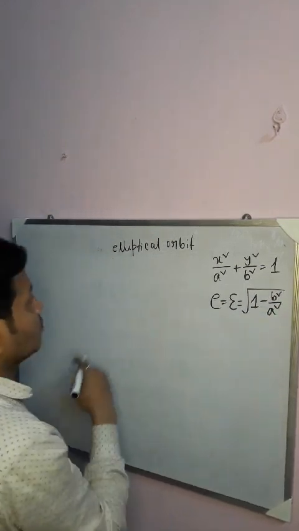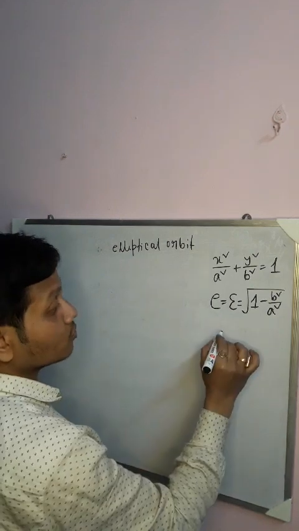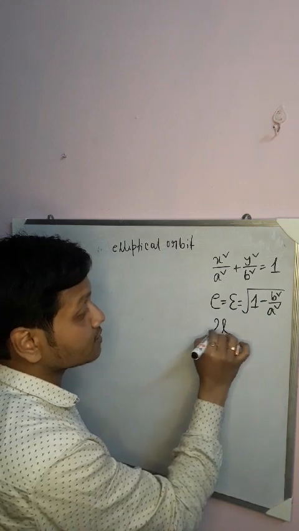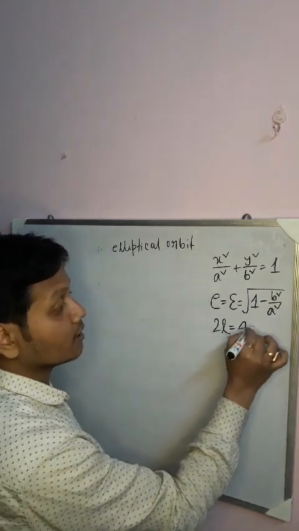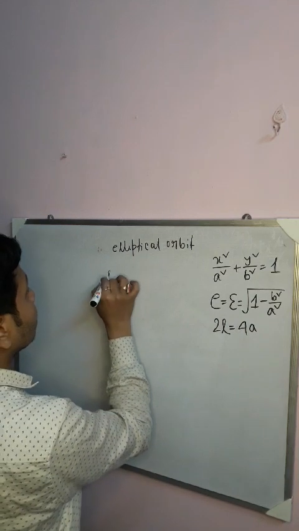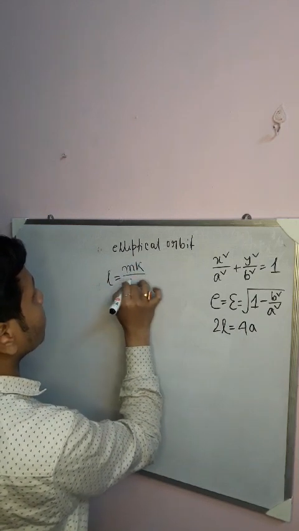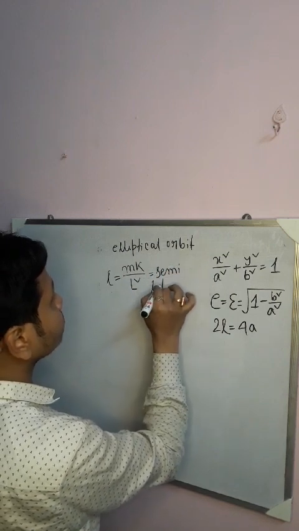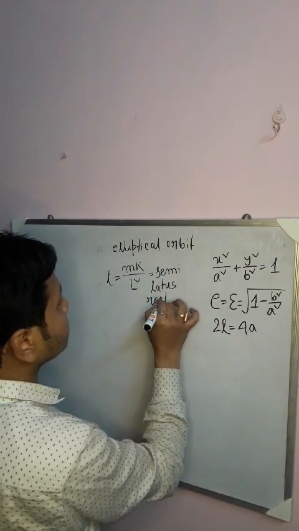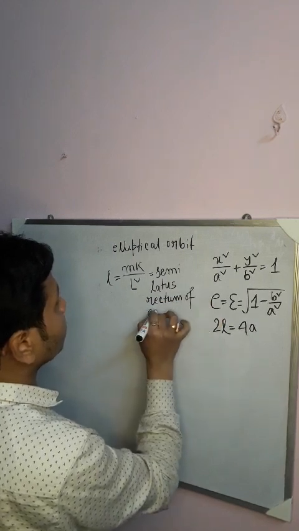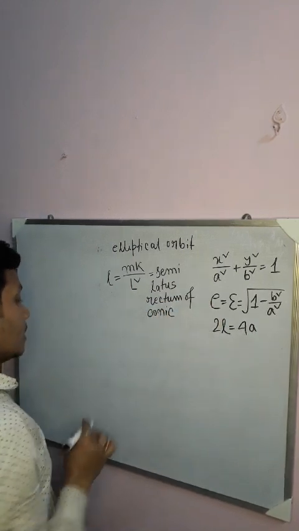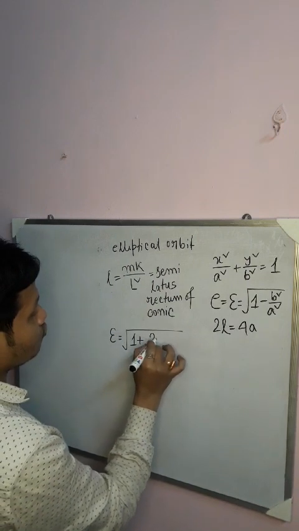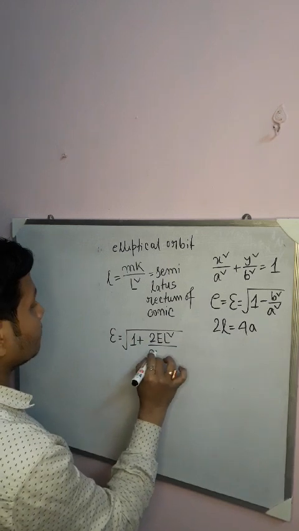There you also know that L is the semi-latus rectum and 2L is the latus rectum, and that is equal to 4A. Similarly here we assume L equal to mk by l square, that is the semi-latus rectum of the conic. And here we assume the eccentricity is 1 plus 2el square by mk square.